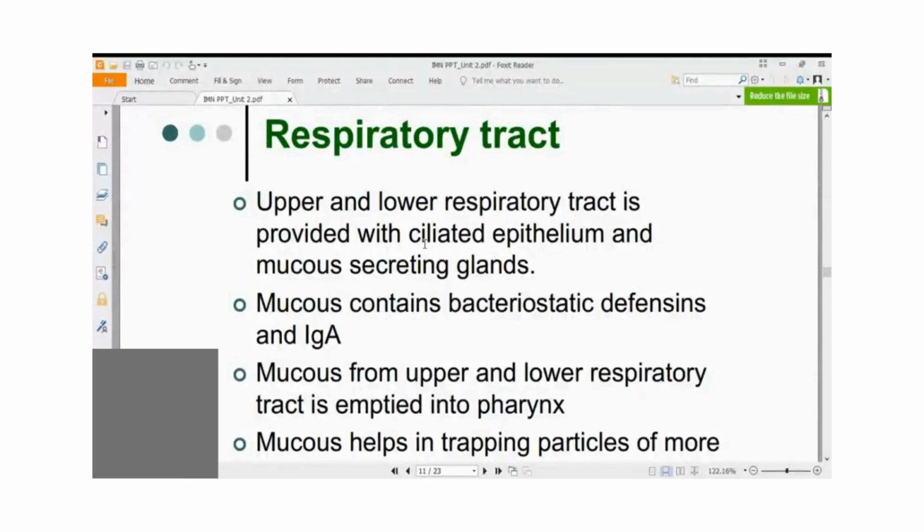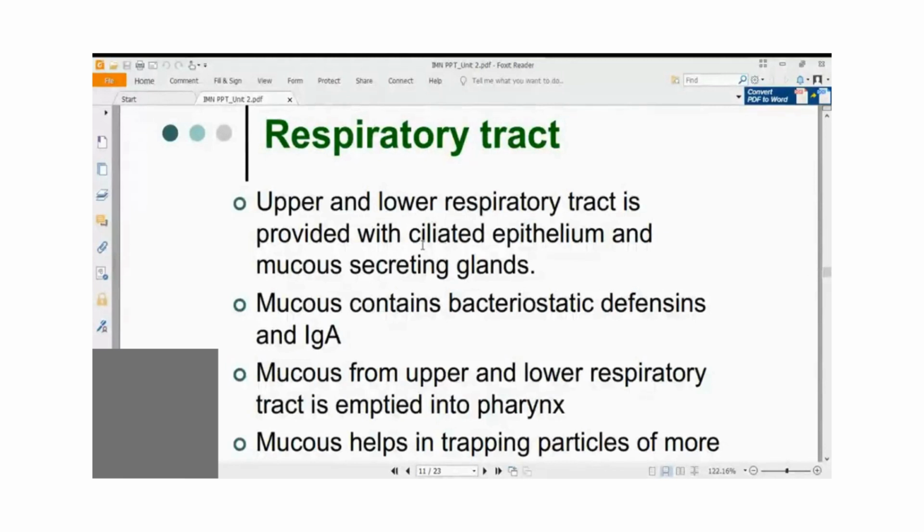Opportunistic invaders means they take the opportunity of one's body immune system. When it is weak, they are capable of causing the infection and the disease. Otherwise, our innate mechanism most of the time sees to it that that infection does not take place.